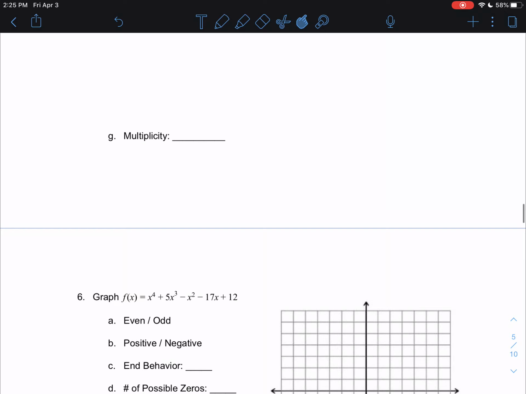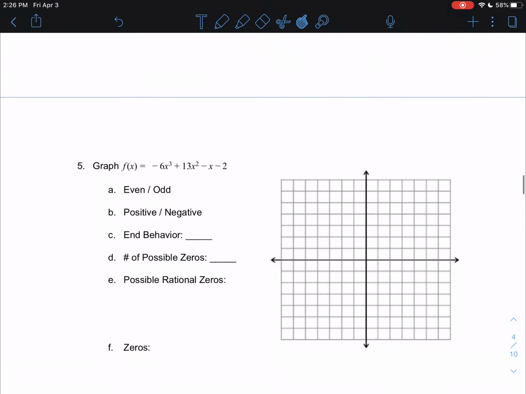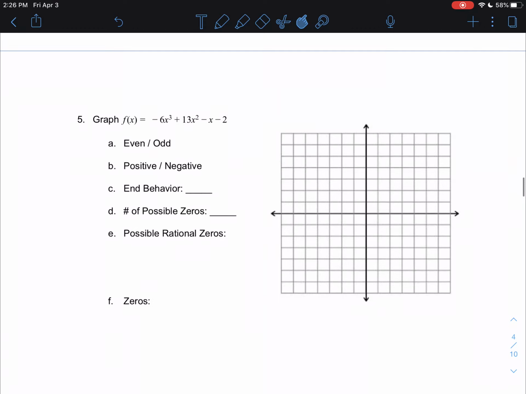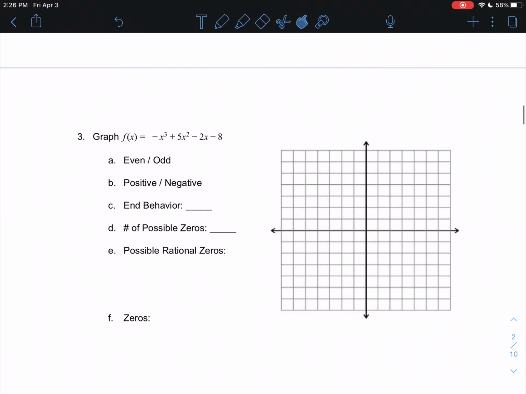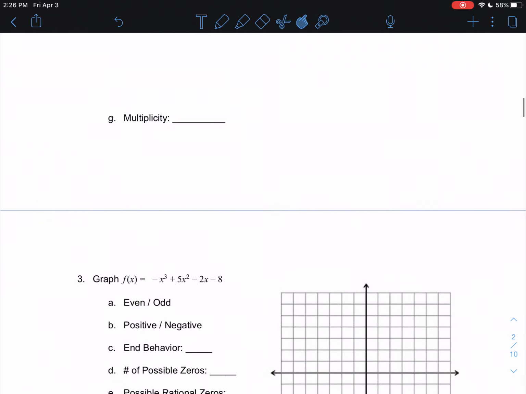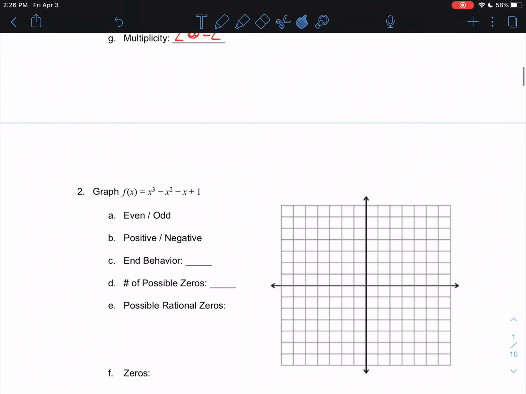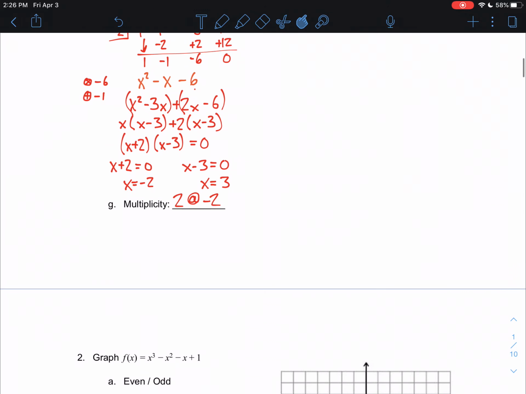A lot of them just have 1x, or the q value when you do the p over q is going to be 1, so you don't have to worry about too many fractions. Like number 5 is one where you're going to have fractions because it has a negative 6 out front. Number 4 has fractions because they have a 2 out front, but like 3 has a 1 or negative 1. 2 has a 1. So yeah.